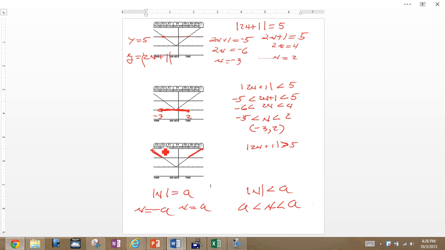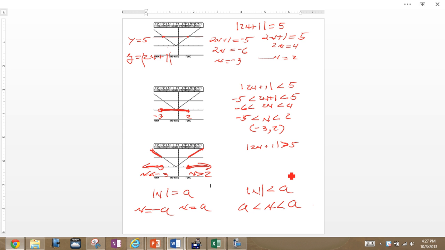The values of x for which that applies, which again, we know is going to be here and everything outward, are all the x values greater than 2. Over here, again, the absolute value graph wants to be above the horizontal line, and that's going to occur for all the values to the left of negative 3, which is all the values of x less than negative 3.